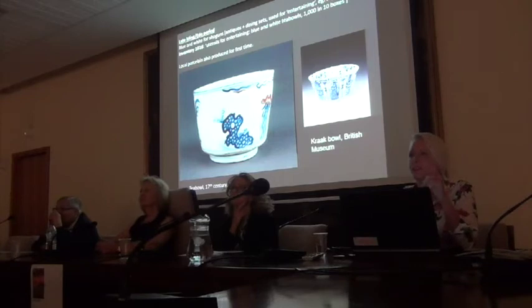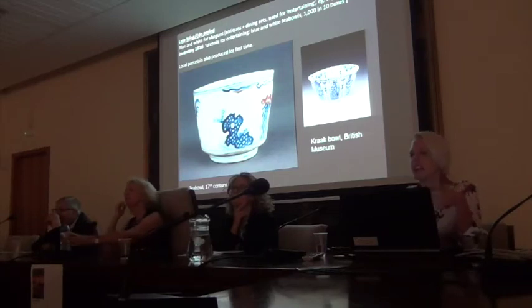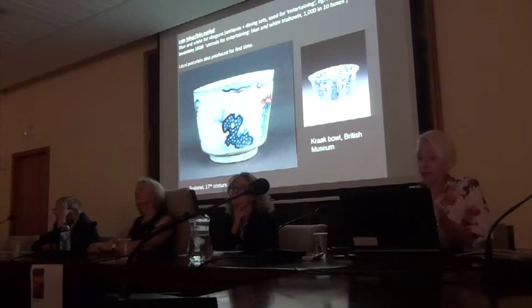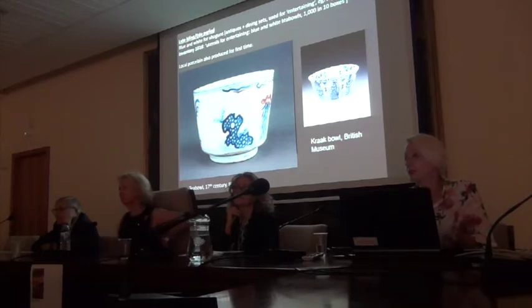In the death inventory, I think it's 1616, there are records that say utensils for entertaining, blue and white tea-bowl, 1,000 in 10 boxes. They were consuming tens of thousands of Chinese ceramics in these places, but we know that they were consumed as banquet goods. So Chinese objects were seen as something essential to a very lavish banquet in Japan at this time.